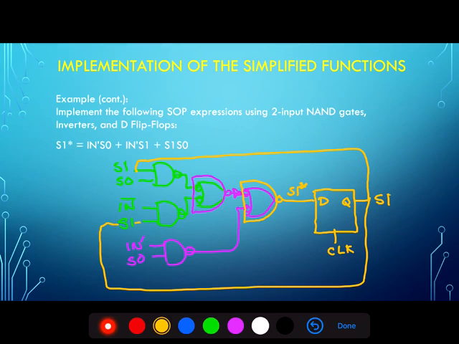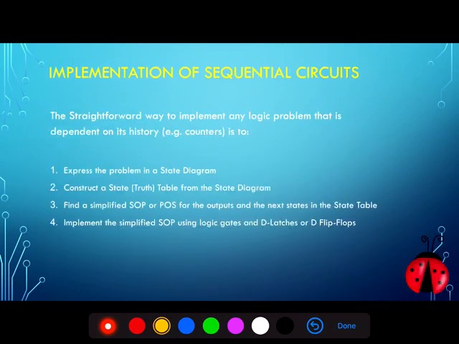So that's how we do the implementation of sequential circuits using present and next states, and using the state diagram and then the state table to come up with simplified expressions not only for the output but the present state. So the implementation of sequential circuits in many cases can be very straightforward.